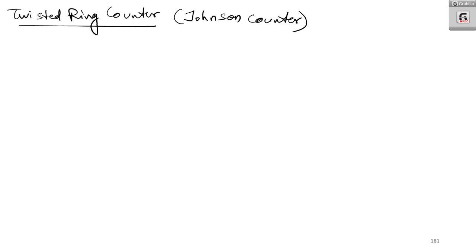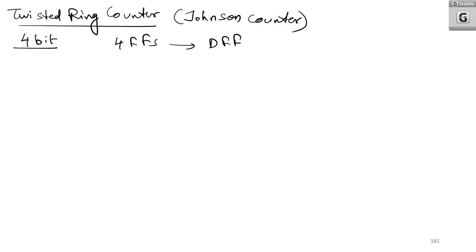Here, let me go with the 4-bit twisted ring counter, and that means you need 4 D flip-flops.